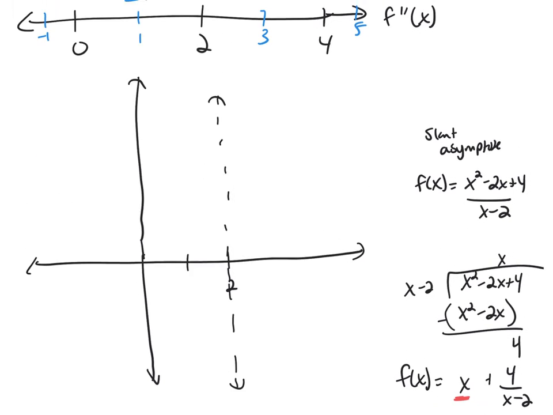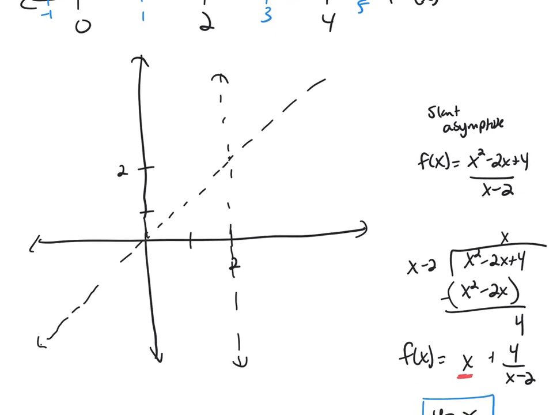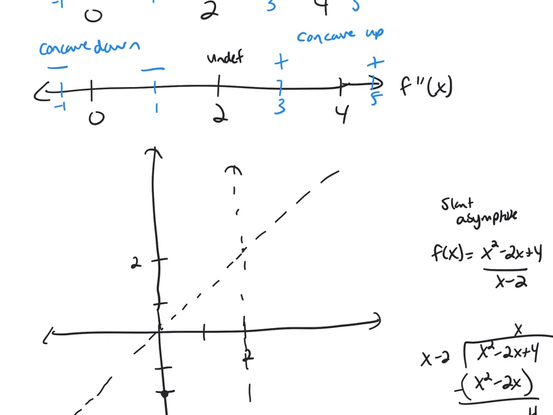Okay, so let's graph y equals x now. Okay, so here's my slant asymptote. And then I'm going to put on the only thing I had, which was a y-intercept. It was 0, -2. All right, so let's see what happens before 0.